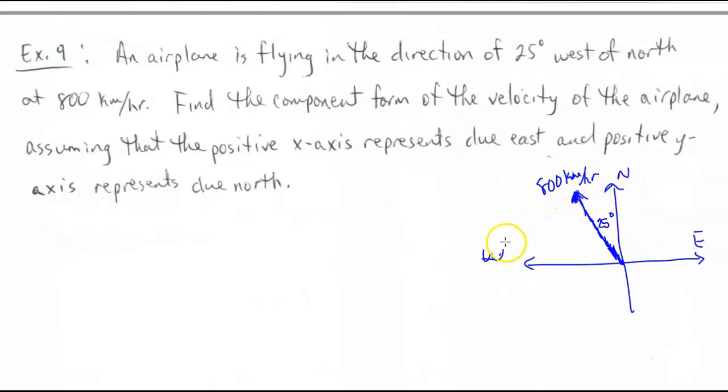So here, we know that since we have 25 degrees in between the positive y-axis and the terminal side, the difference in between the negative x-axis and the terminal side is just going to be 90 minus 25. And of course, that ends up being 65 degrees. We could form a right triangle here.